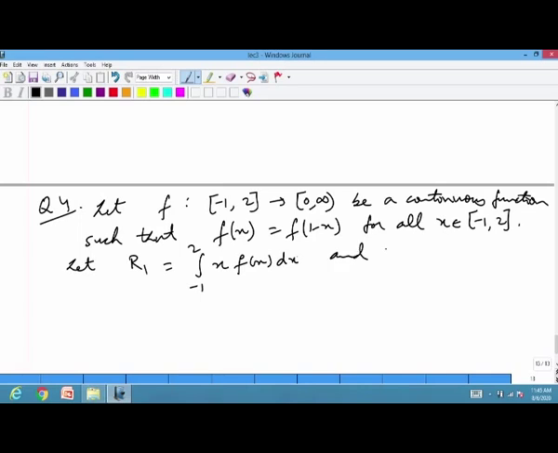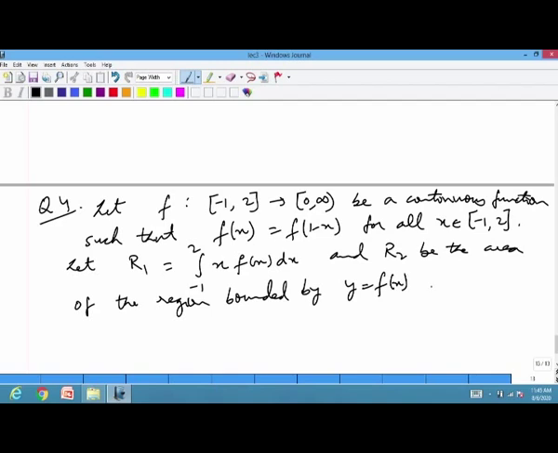and R2 be the area of the region bounded by y equal to f x, x equal to minus 1, x equal to 2, and the x axis.